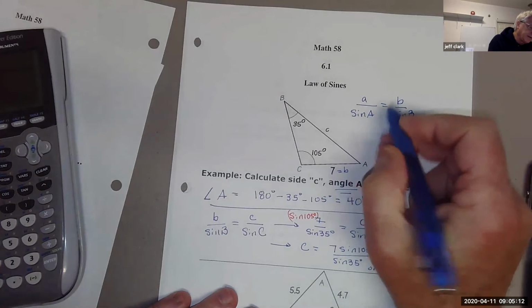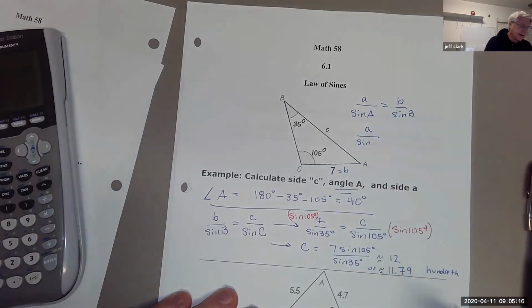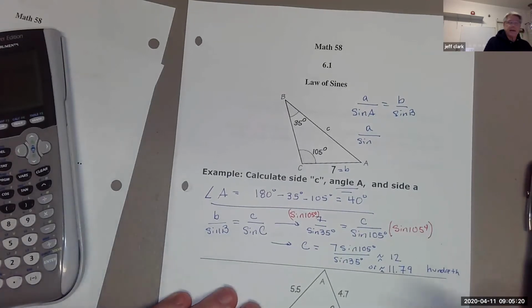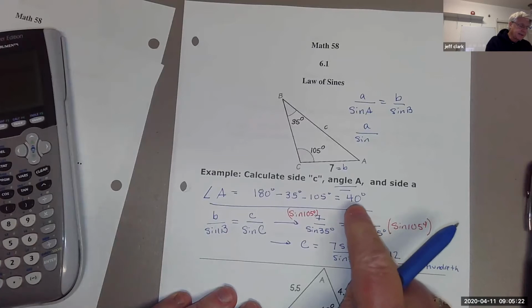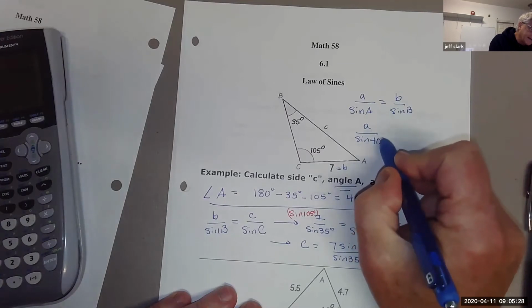So I'm looking for little a. I have found A to be exact, 40 degrees. So I'm good with that.